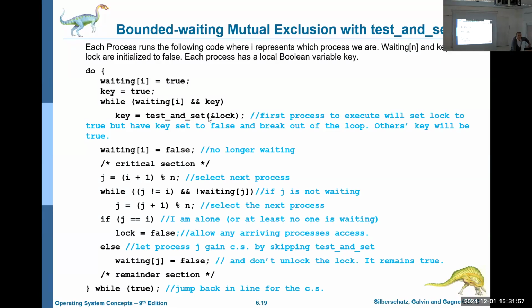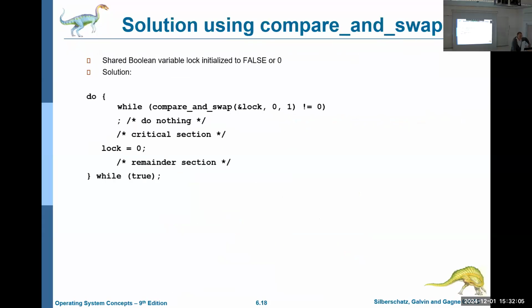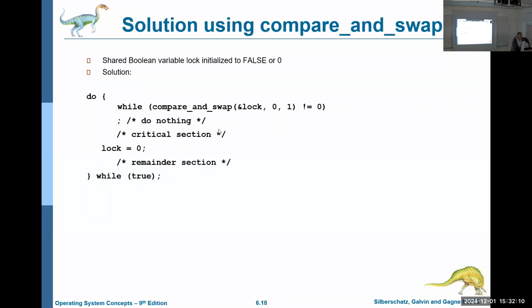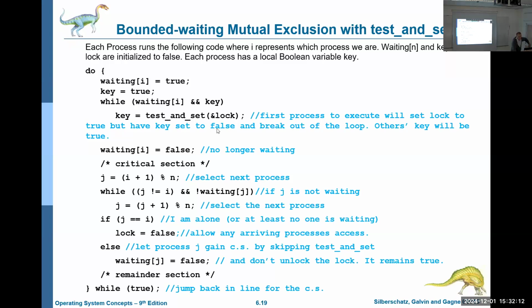Remember we said Peterson is only for 2? And also we said the lock was only for 2, the compare and swap, and the other one was called test and set. So those solutions are only for 2. Here's a solution for more than 2.